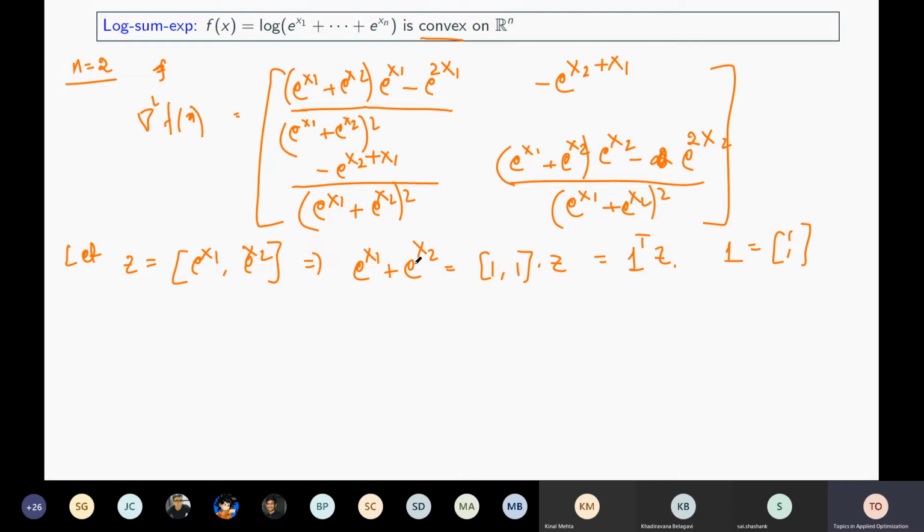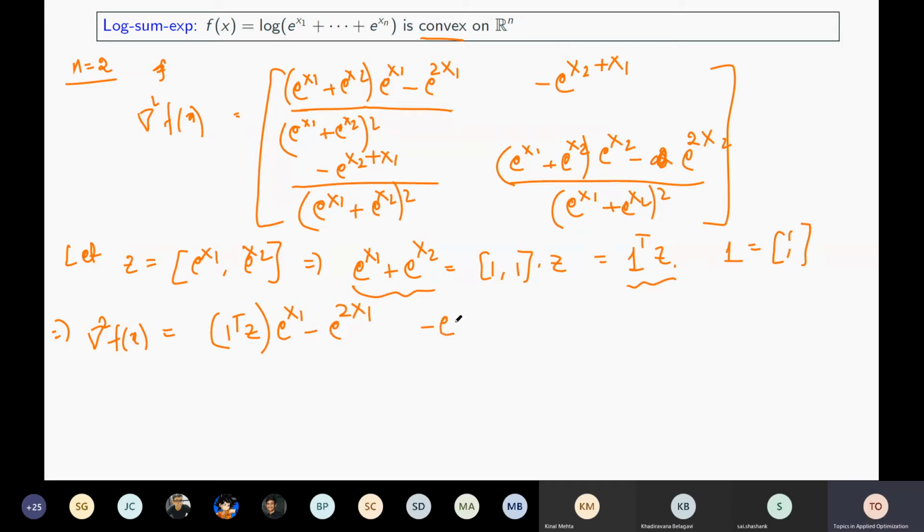So with this notation, what we can write for the Hessian now? The Hessian in this new notation becomes, remember ex1 plus ex2 we have just written as 1 transpose z. So here we will put 1 transpose z. This is like 1 transpose z times ex1 minus e to the 2x1.